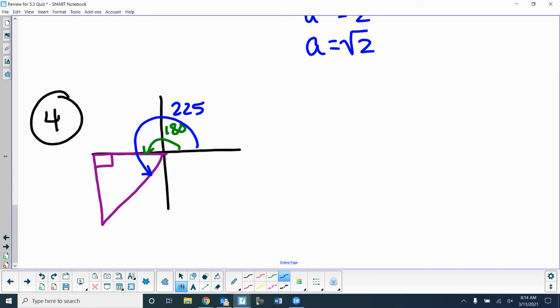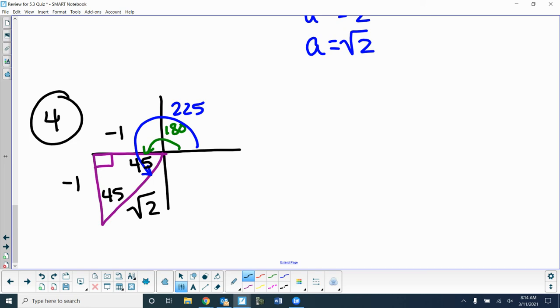Subtract. So what's my reference angle? How many degrees? 45. Opposite the 45s are 1s. In the third quadrant, they're both negative. The hypotenuse for the 45s are always the square root of 2. All our hypotenuses, no matter what quadrant we're in, is positive. Okay? So there's my picture.